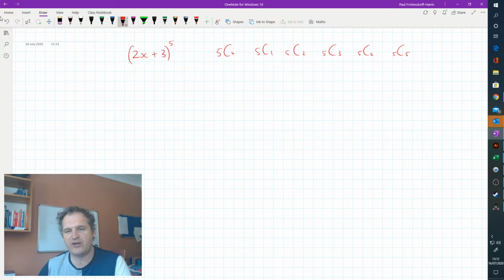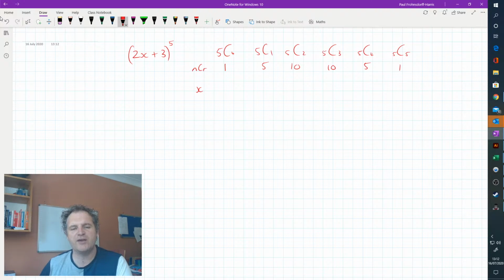So I know there's 6 terms. I will leave a space for what those numbers are. I know that's going to be 1 and 5, 1 and 5, and I think if we remember back earlier it was 10, 10.